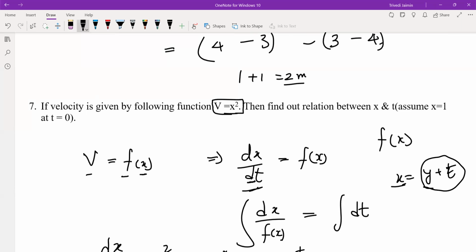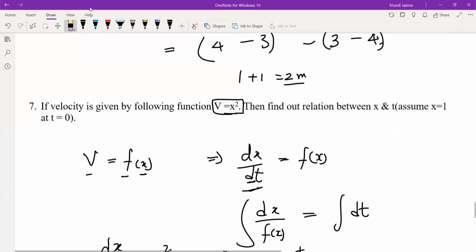So we cannot directly start integration or differentiation with this one. Either we need to change the variable, or first differentiate or integrate this value, then we can come up with the function. Because here x is not alone, it's a function of y and t. You will learn that later. That will come in mathematics only, not in physics.